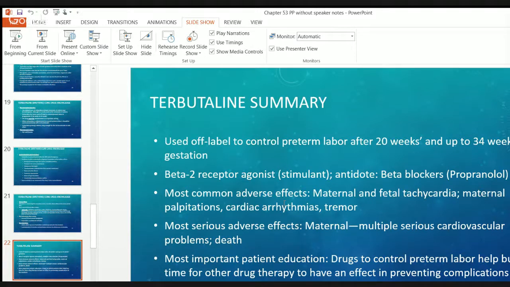So again, educating her on the importance of the medication. And again, remembering that black box warning for the limited use of time, only in a hospital setting, not to be used in an outpatient setting, not to be administered orally. And again, per doctor's orders, but typically held if her pulse is greater than 100.